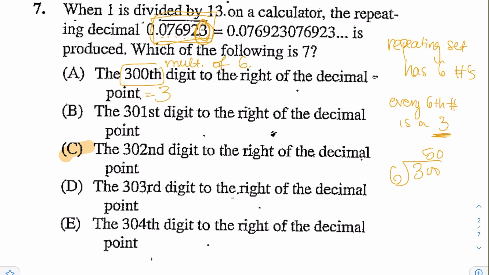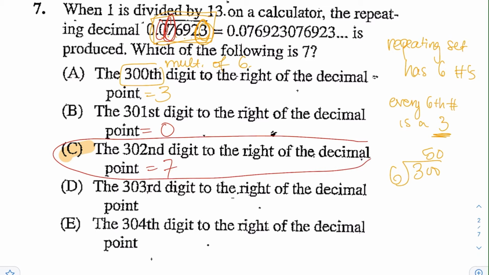So then once you get to the 301st digit, it just keeps repeating. So the next one will be a 0. And the one following that will be the 7 that we desire. So it will be choice C. Again, here the key is to look for the pattern. The pattern repeats after every 6 numbers.